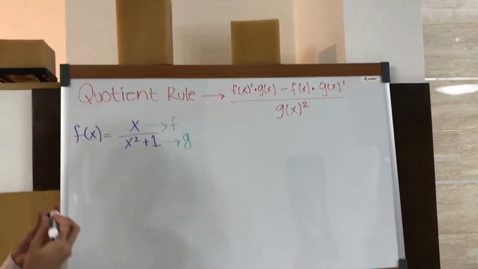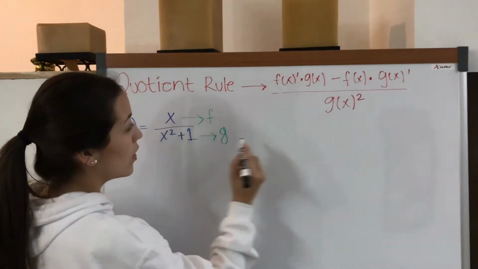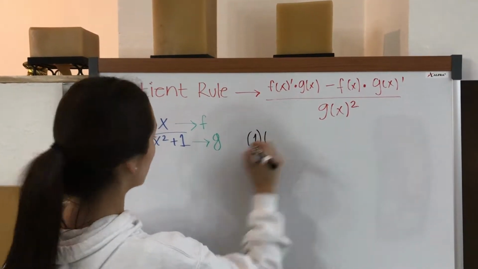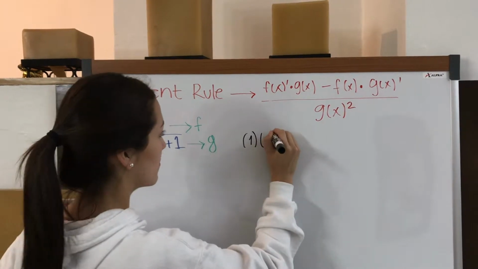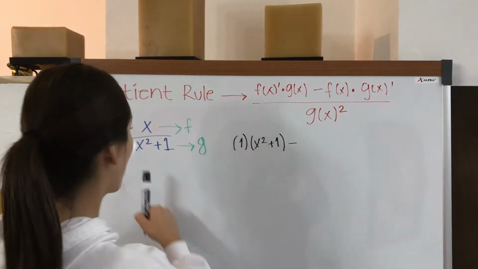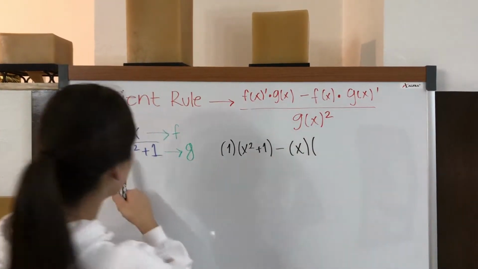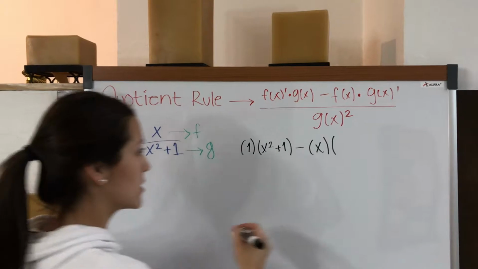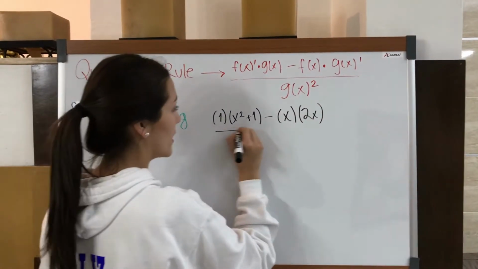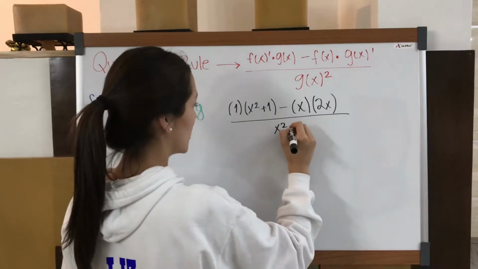So we have the derivative of f, that is 1 times g minus f times the derivative of g divided by g squared.